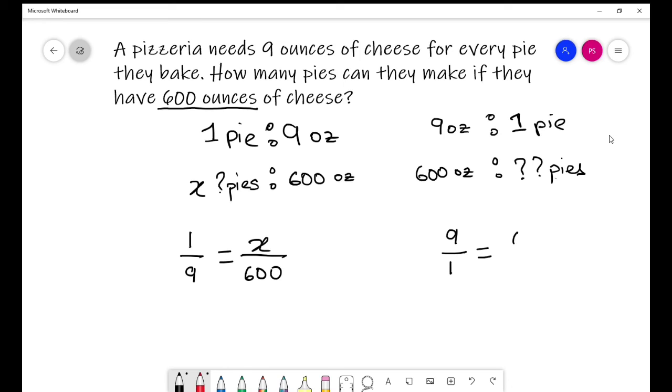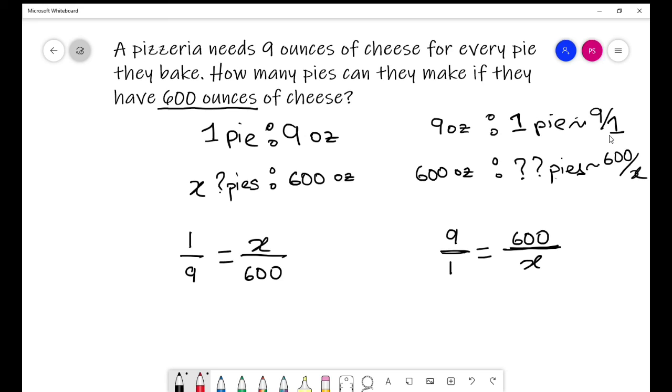9 over 1 is equal to 600 over unknown. 9 over 1, because remember, this ratio can also be expressed as a fraction, and this would be expressed as 600 over x as a fraction. So again, in this proportion, although it looks different from this one, essentially we're keeping things uniform because we're making sure that both denominators and numerators are of the same quantity, meaning 9 ounces of cheese, 600 ounces of cheese.